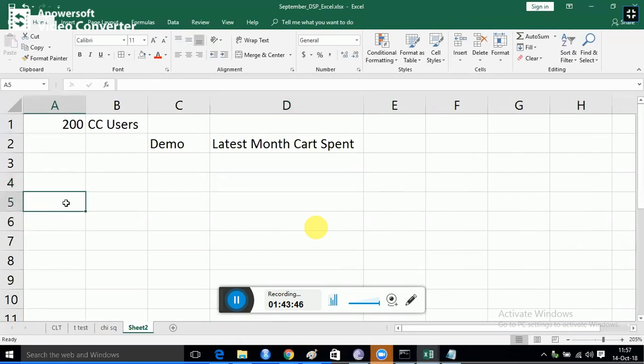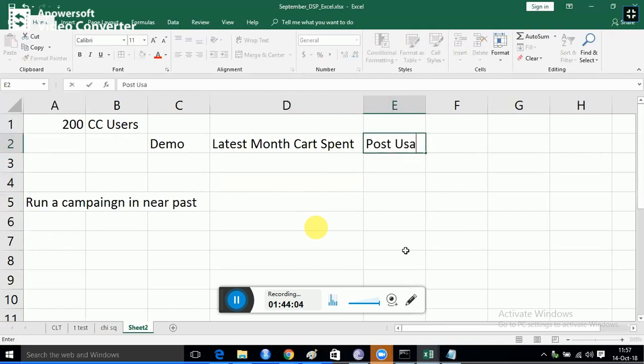Now the problem here is I have run a campaign in the near past, not too long ago, maybe a couple of months ago. And what I have here is post usage spent.